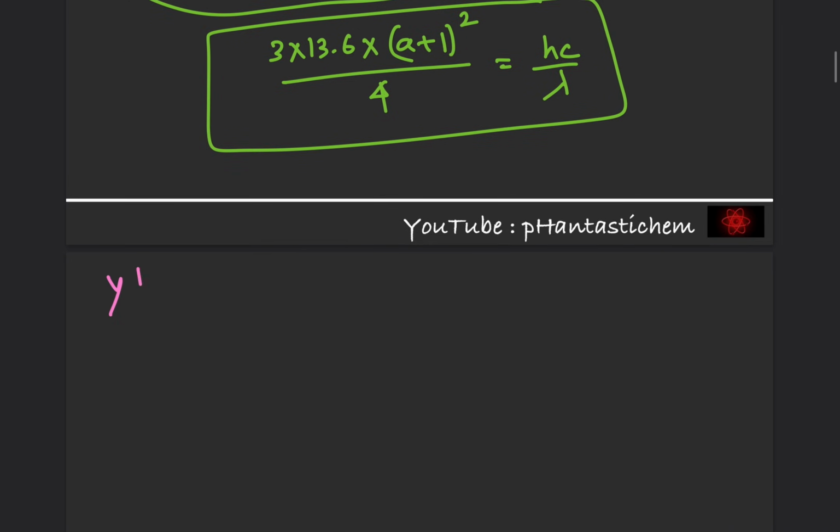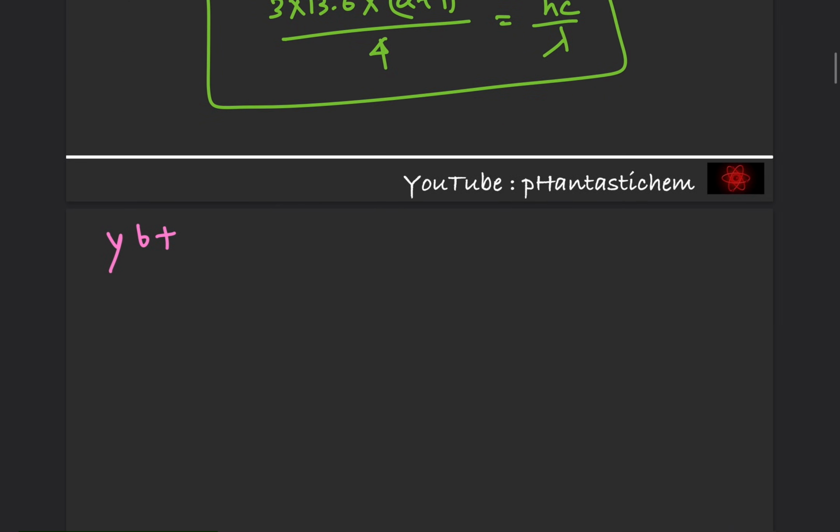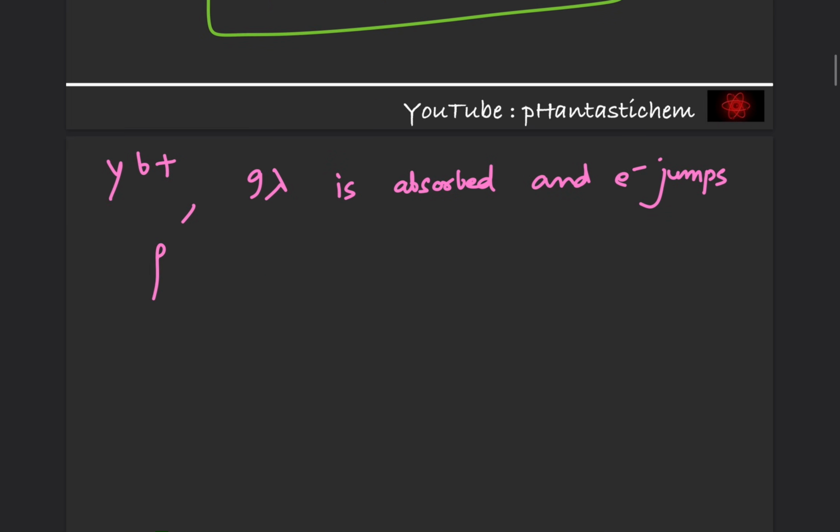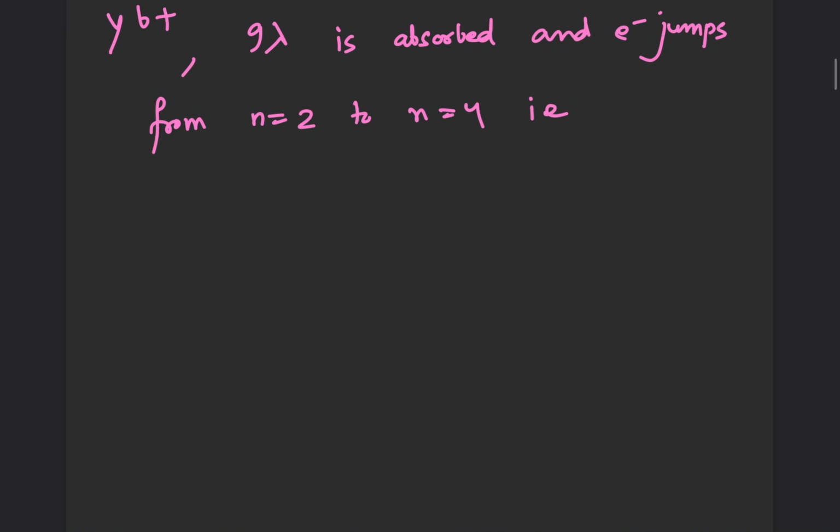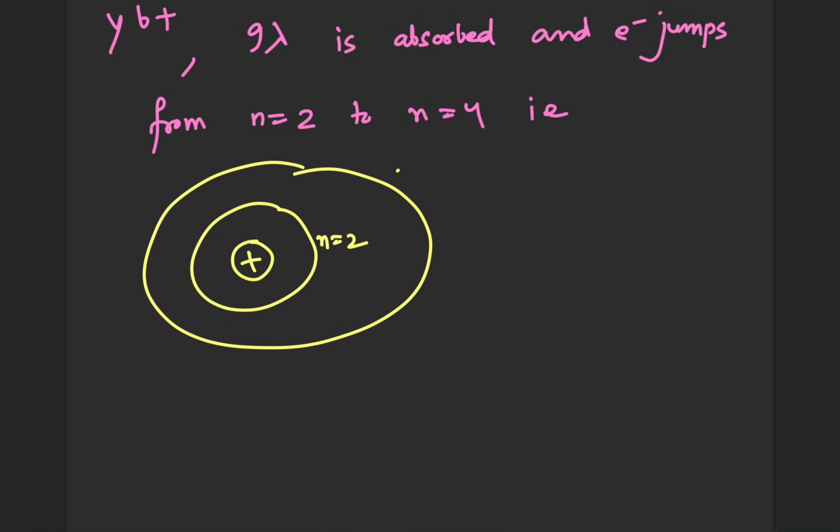Let's talk about what's happening in Yb plus. In Yb plus, light of wavelength 9 lambda is absorbed and the electron jumps from n equal to 2 to n equal to 4. With respect to the diagram, I can show it to you. This is the nucleus. This is n equal to 2. This is n equal to 4.